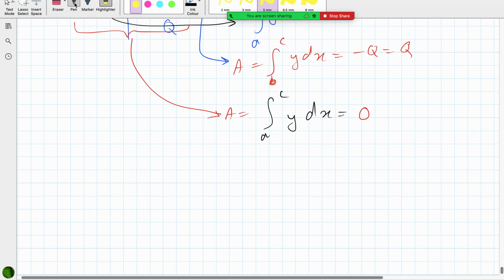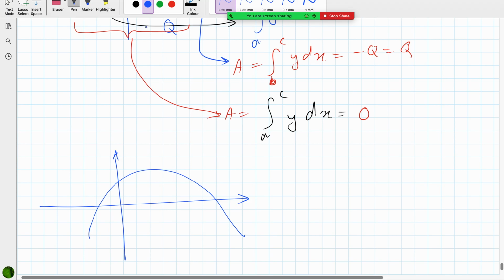Now for a new concept, what would we be looking at? There will be 2 equations, not 1. For example, we have this equation and we have another equation, in blue and red. So this is y and this is y, 2 equations.